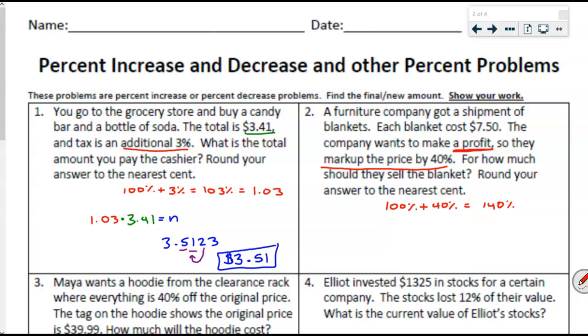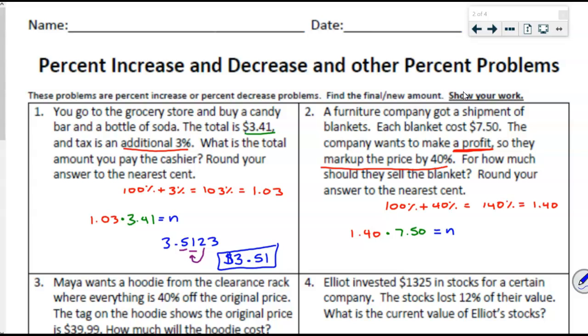So again, the same process that we've been through. A markup of 40% means that we're adding that 40%. 140% means I'm going to be calculating with the decimal 1.4 or 1.40. And 140% of the original amount, or that cost, is going to give us what we need to sell it for in order to make that sort of profit. 1.4 times 7.5, and notice what I'm doing here.